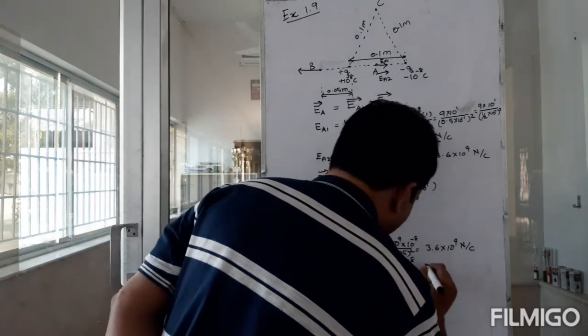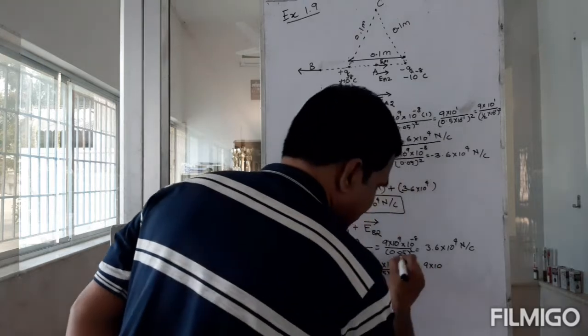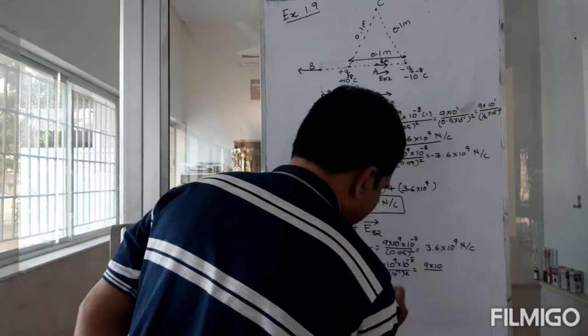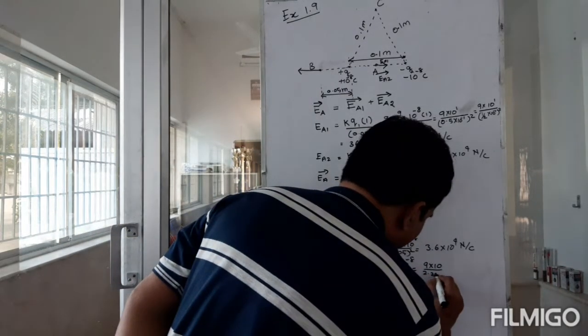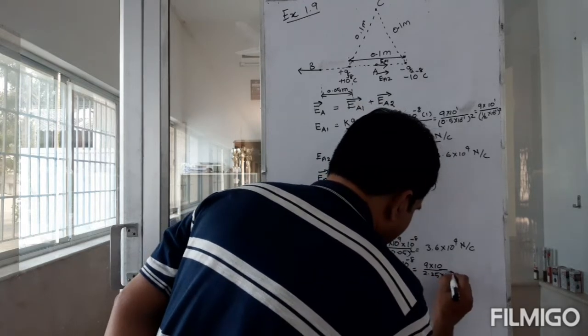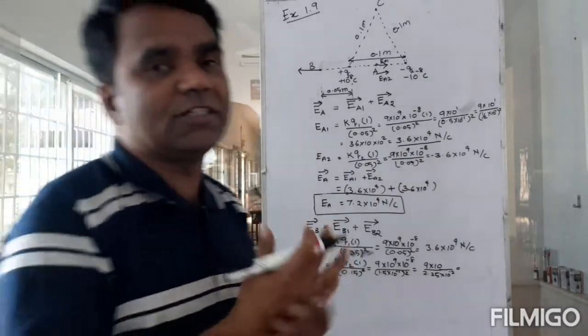So it's going to be 9 into 10, because 10 power 9 times 10 power minus 8 becomes just 10, divided by 1.5 squared, which gives you 2.25 into 10 power minus 2. So 9 by 2.25, what do you get now?